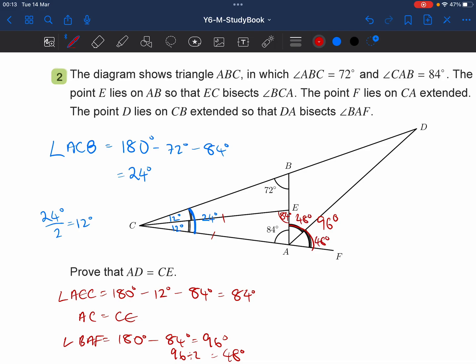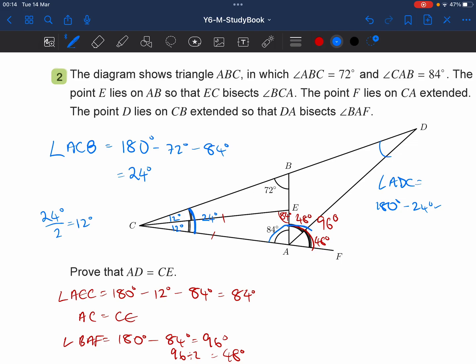Finally, we can start to look at this line AD. That's part of the biggest triangle, ACD. So let's try and find the missing angle over here. ADC is going to be equal to 180 degrees for the whole triangle, minus 24 degrees for DCA, and then also minus 84 times 2 and 48.